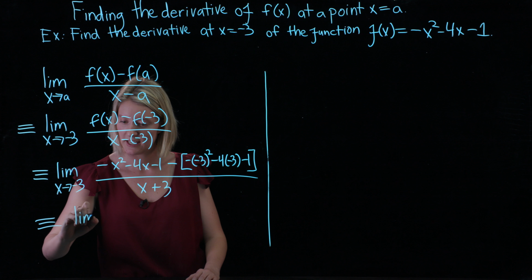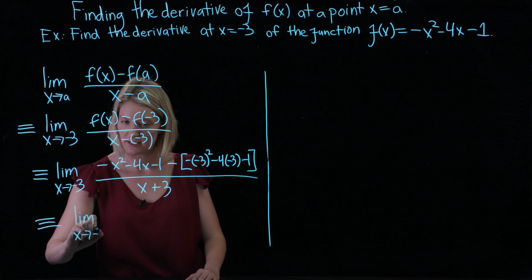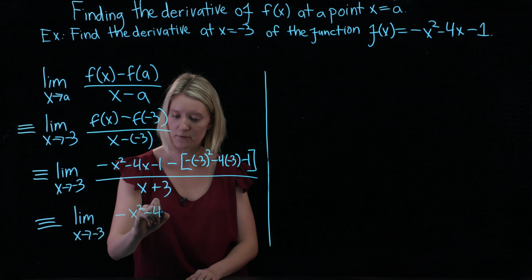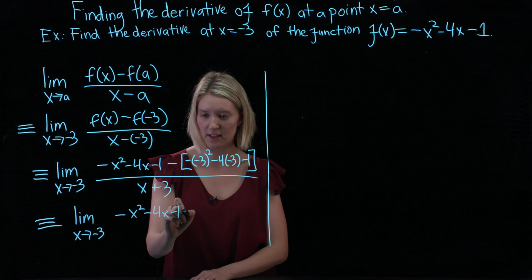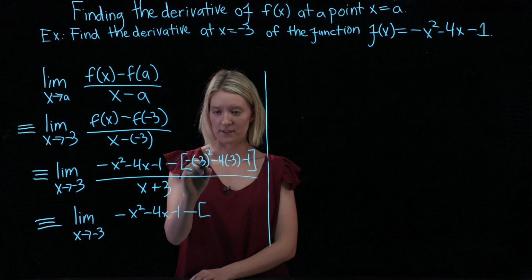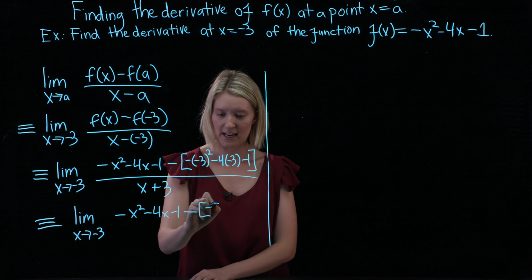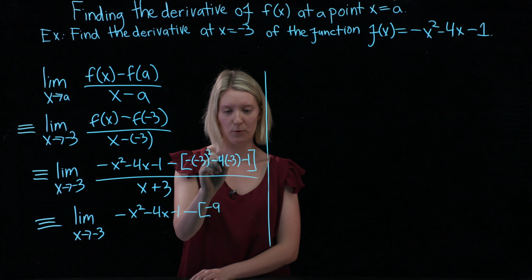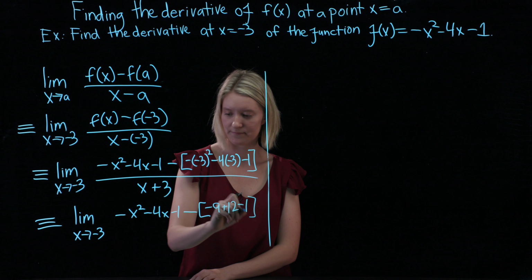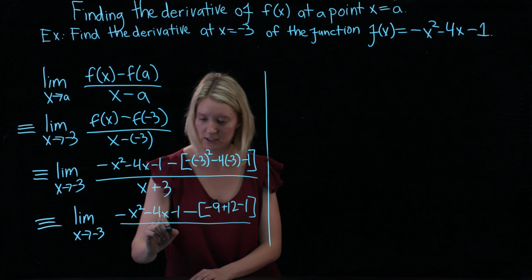So I have the limit as x approaches -3 of negative x squared minus 4x minus 1, and then subtract -3 squared, which is +9, but then with this negative it becomes -9, and then -4 times -3 is +12 minus 1. This whole thing is over x plus 3.